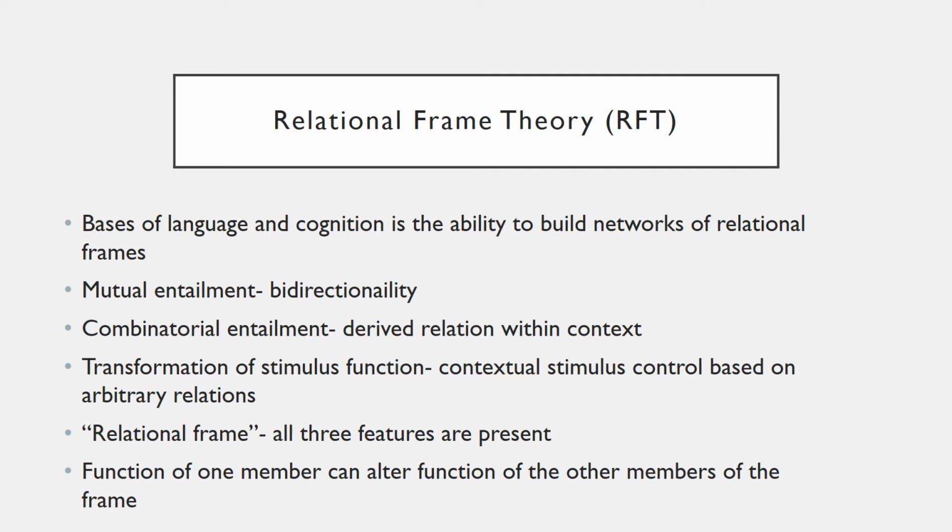So they expand on reflexivity, transitivity, and symmetry with their own terms for each. Mutual entailment is basically like reflexivity, and it denotes bidirectionality between the function of stimuli.